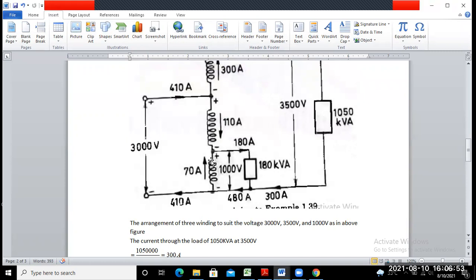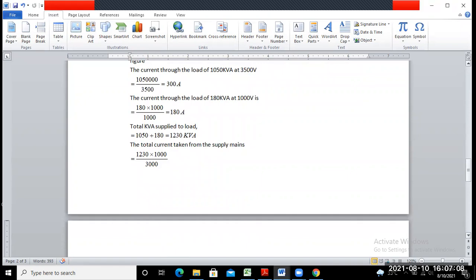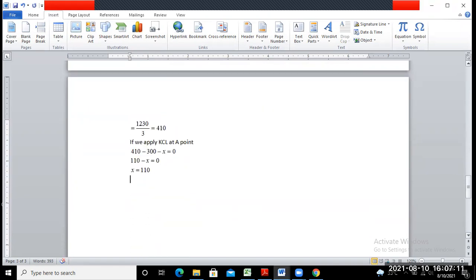Again, we apply KCL at node B, writing incoming current as positive and outgoing current as negative.